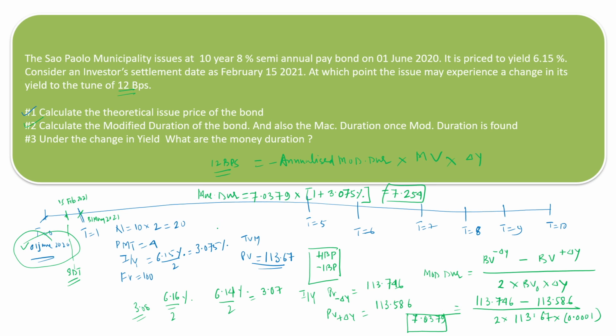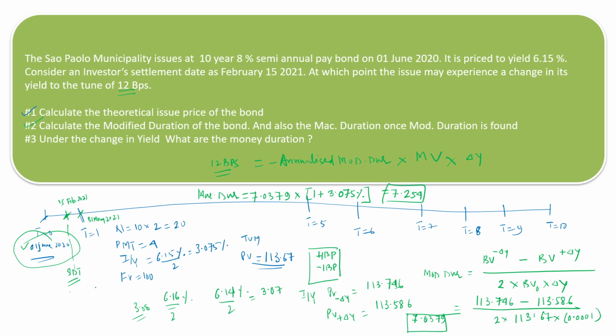The question is not really concerned with June 1, 2020, but it is asking about the settlement date of 15 February 2021, which means that we ought to first find out the theoretical fair price of the bond on 15 February 2021, and then find out the duration measure once again, at 15 February 2021, and then take the absolute value of the security and the other aspect as well.